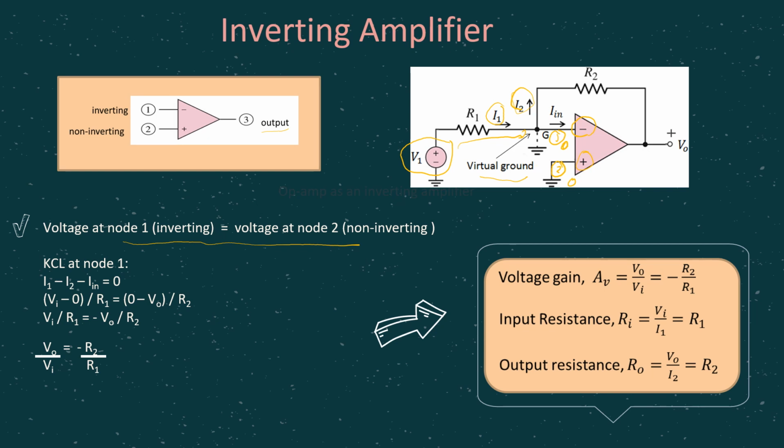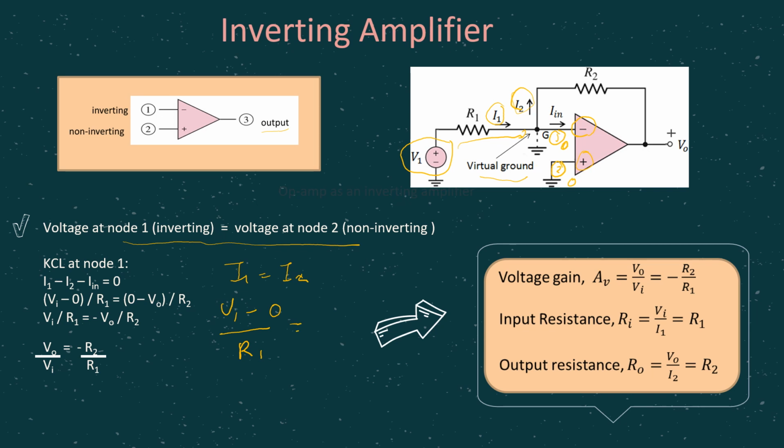No current should be going into the op-amp. So I1 should always be equal to I2. Whatever current is coming from the input side will go through the feedback resistor. So here in this case, I1 is actually (V1 minus 0) divided by R1.